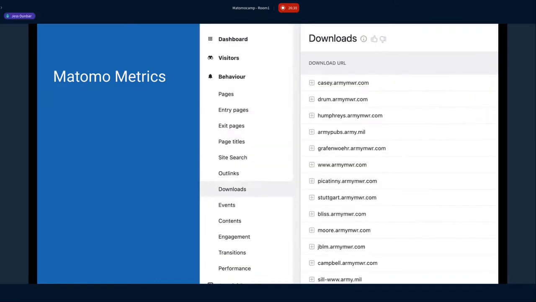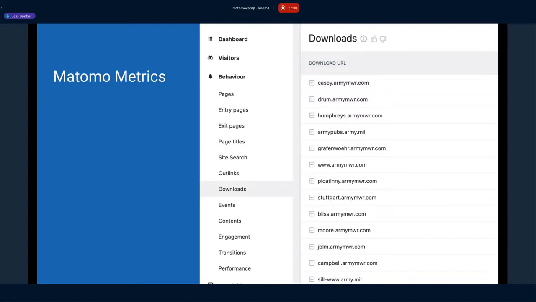And then, of course, tracking downloads is super easy in Matomo. So to keep tabs on when your visitors download items like brochures or photos or software from your website, Matomo will automatically do the tracking, and that was one of my favorite pieces about Matomo. So many things were set up automatically that I didn't have to do any configurations with, and one of them was downloads.